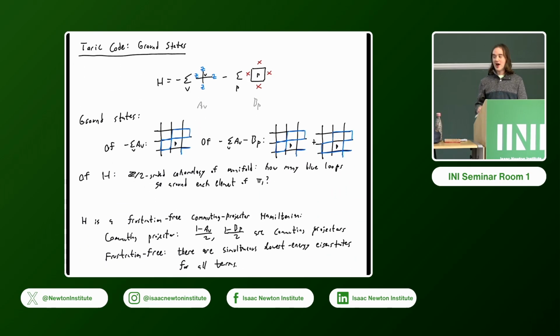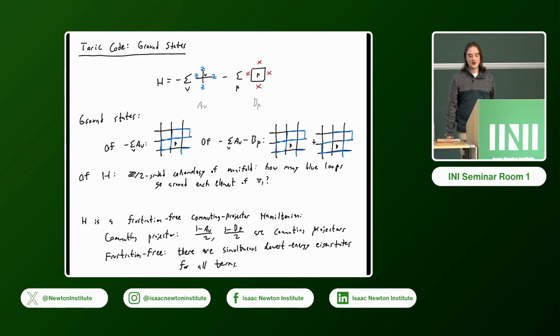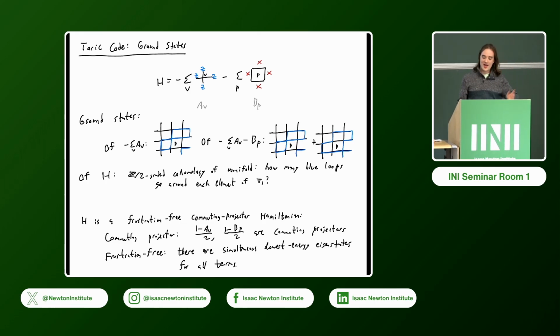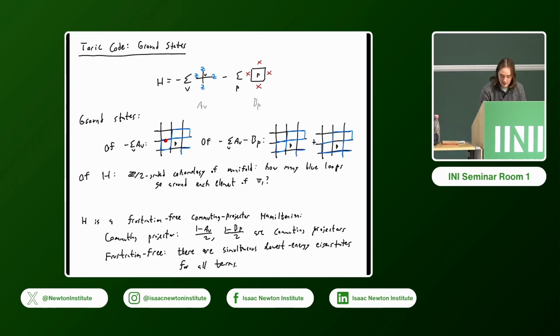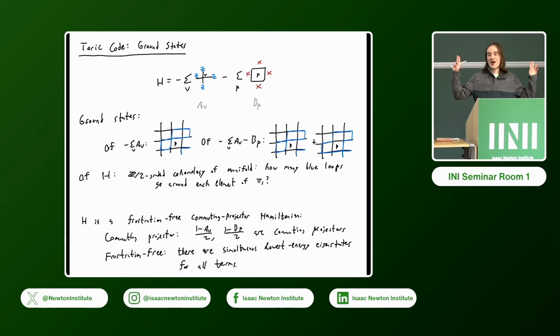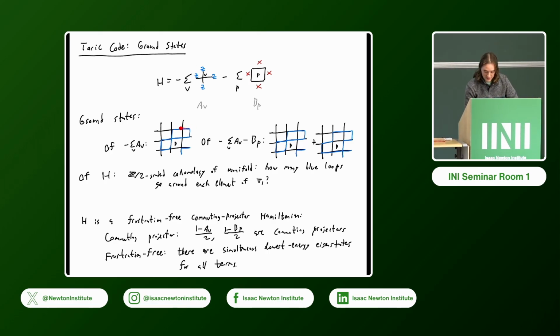So what are the ground states for this Hamiltonian operator? If I just take the sum of these vertex terms and not include the plaquette terms yet, because the eigenvalues of Z are 1 and -1, and I've got this minus sign here, I want to have at every vertex an even number of edges in the state labeled by g. So I want to have pictures like this that are essentially a loop gas made out of a collection of loops across this lattice here.